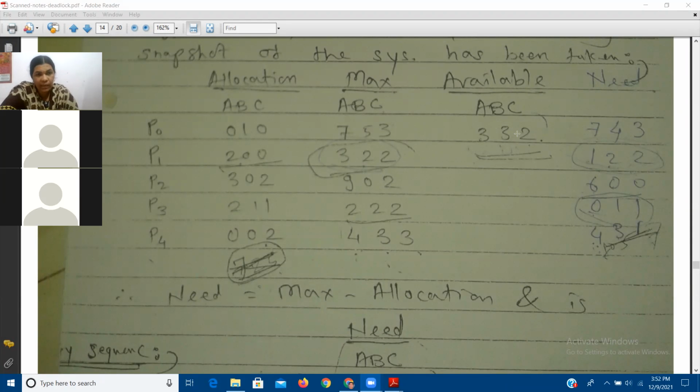So either you can divide one process need into a number of requests, or you may take 2 or 3 processes' needs into a number of requests. It depends upon you. At least take one process need in terms of 2 requests and solve it so that you will understand the concept.